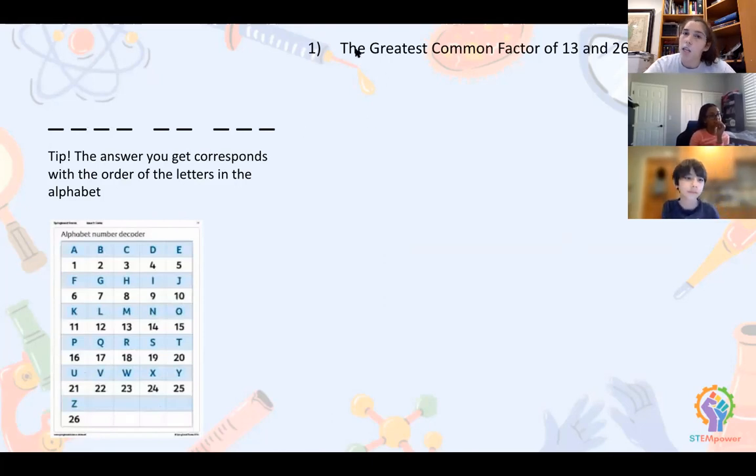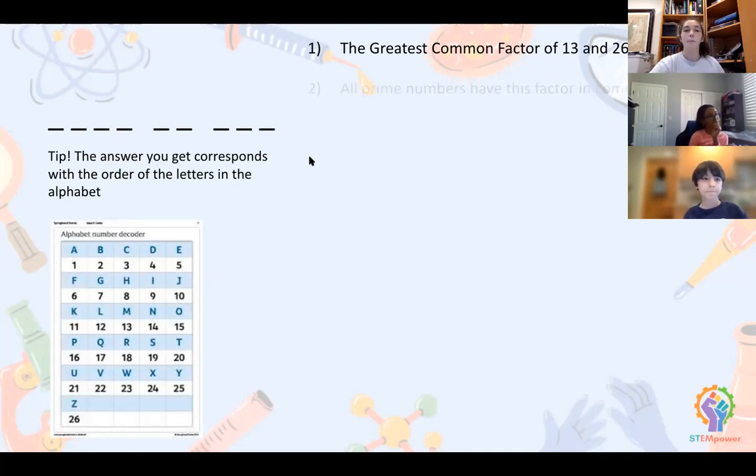So what is the greatest common factor of 13 and 26? 13. Yes, exactly. Because 13 and 1 for 13 and 13 and 2 for 26. So what does 13 correspond to on this chart? M. Yeah.